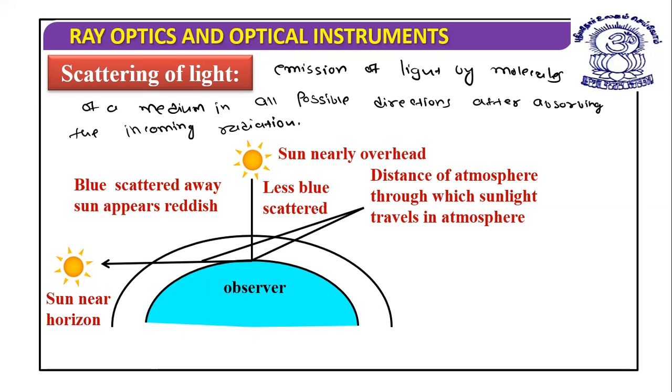In that situation, blue light is scattered most, and other lights are scattered less. That means blue is absorbed and re-emitted most. That means the sky will appear blue. But when sun is near the horizon or below the horizon, blue gets scattered away and sun appears reddish.